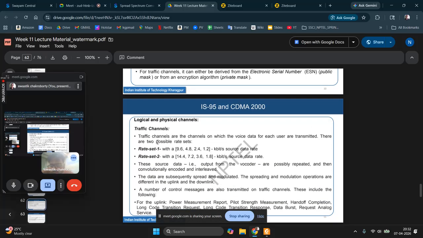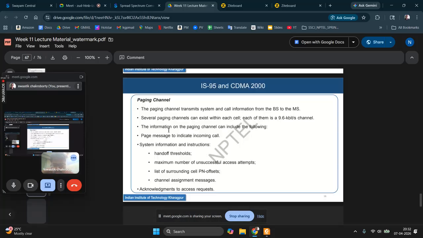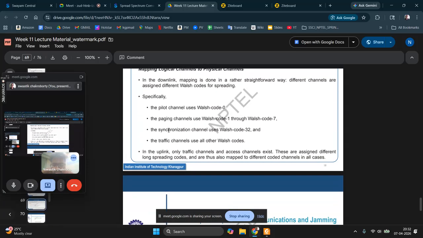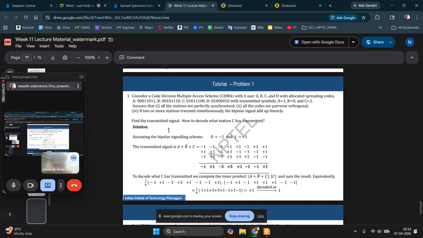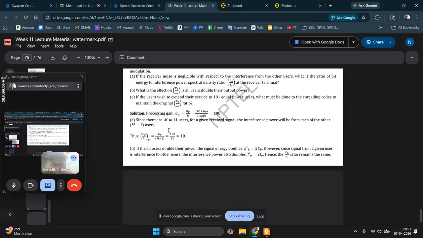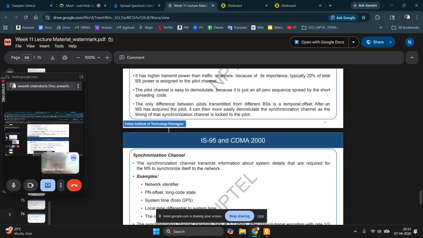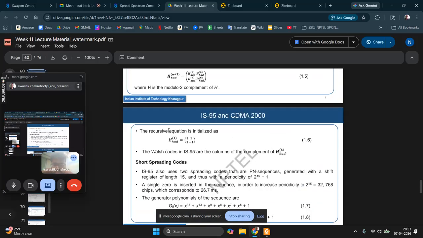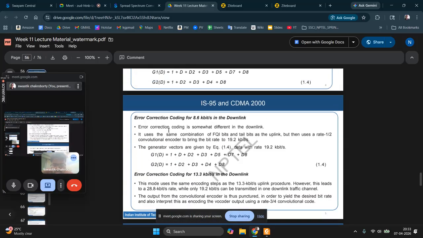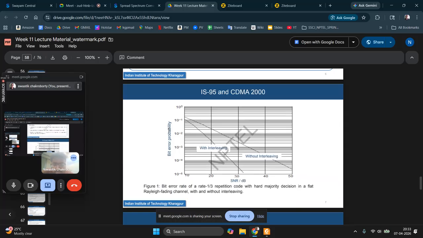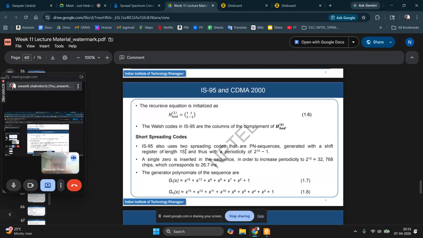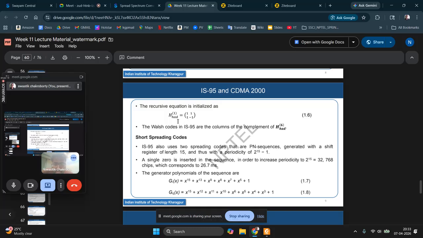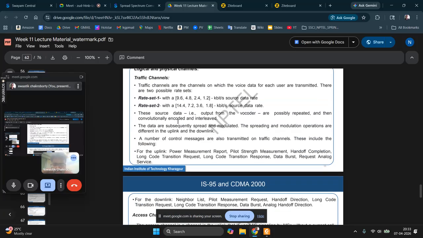Okay, so the logical and physical channels that are present in IS95 are the traffic channels.